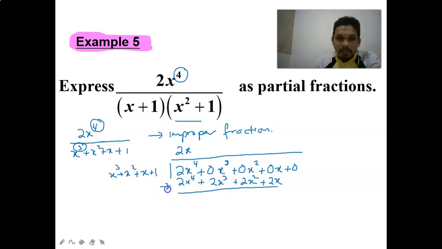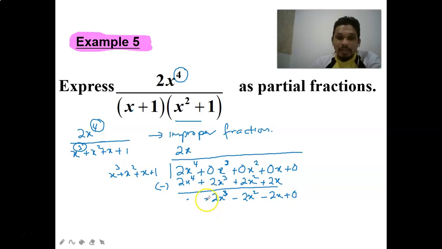Okay, minus here, 2x to the power of 4 minus 2x to the power of 4, 0. 0x cubed minus 2x cubed, negative 2x cubed. 0x squared minus 2x squared, negative 2x squared, and 0x minus 2x, negative 2x, plus 0.